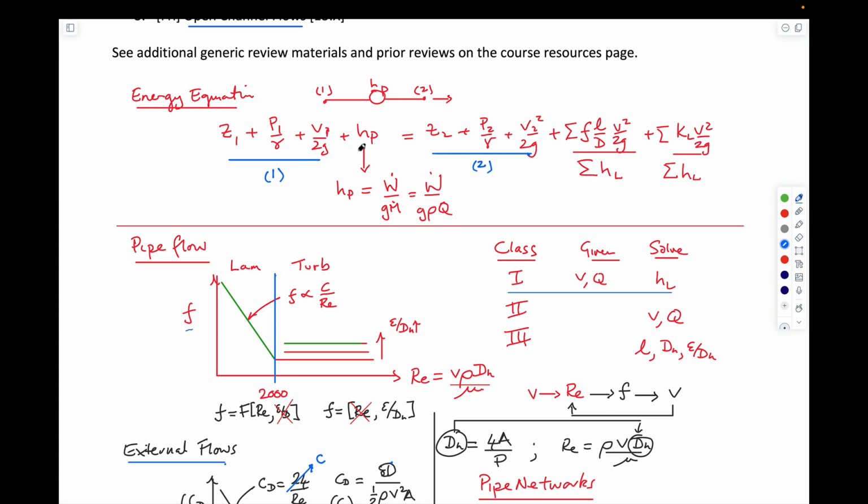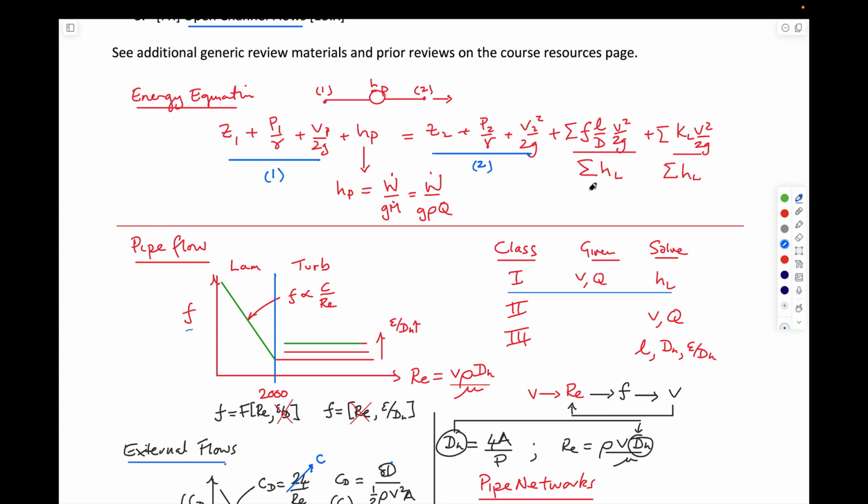Pump heads are a length, as indeed are all the other terms in this equation, and it's given by the power in watts or joules per second or newton meters per second divided by the mass flow rate times gravity. Mass flow rate is also volumetric flow rate times density.